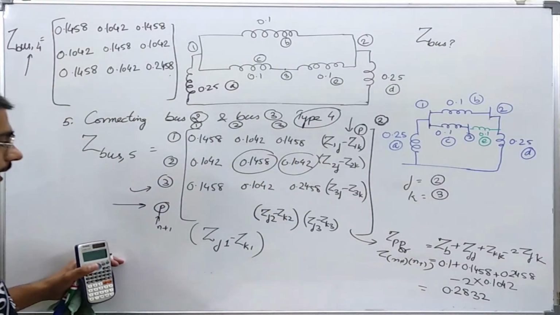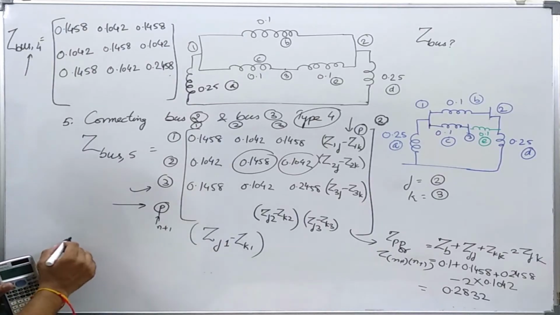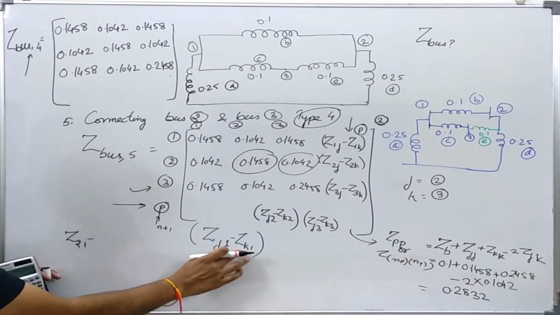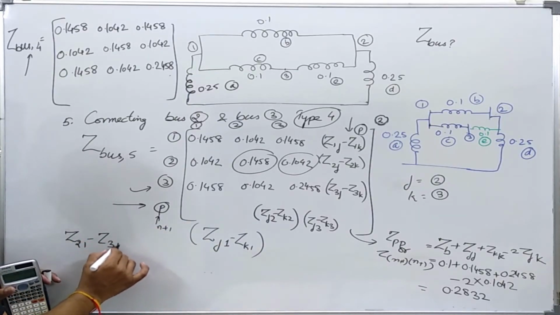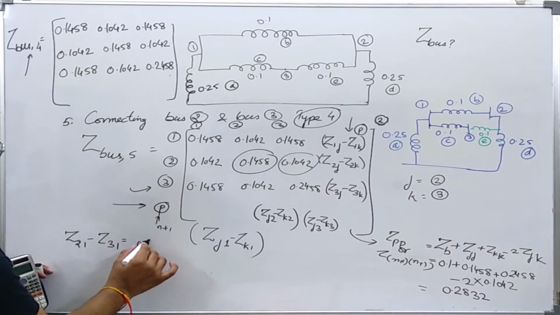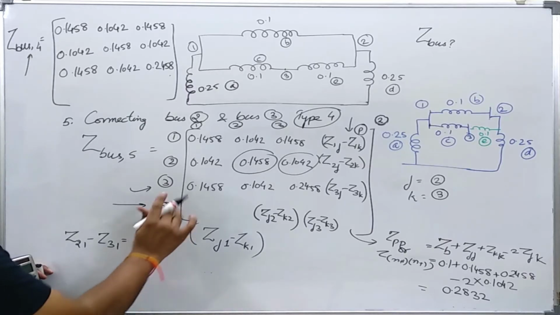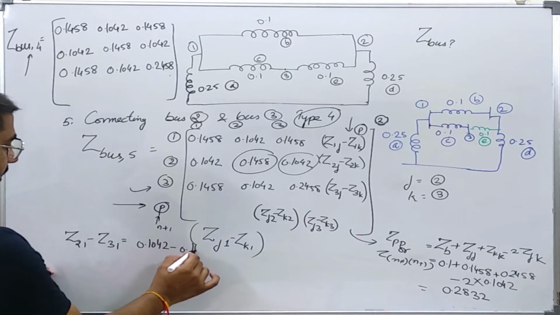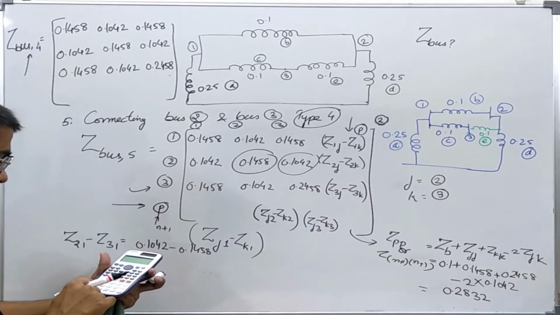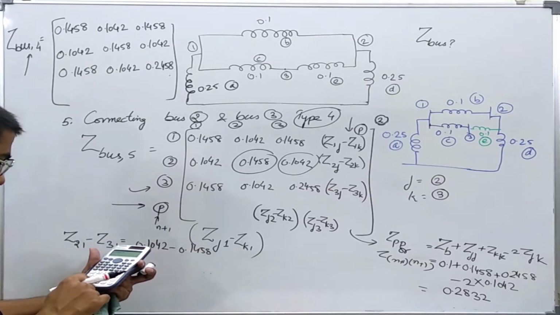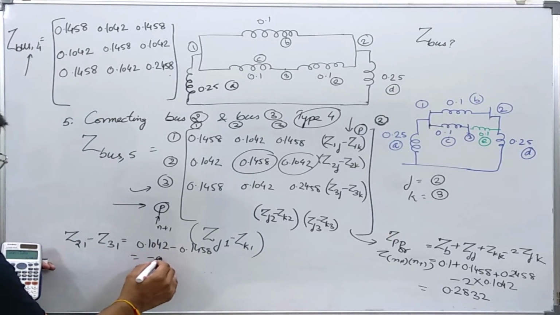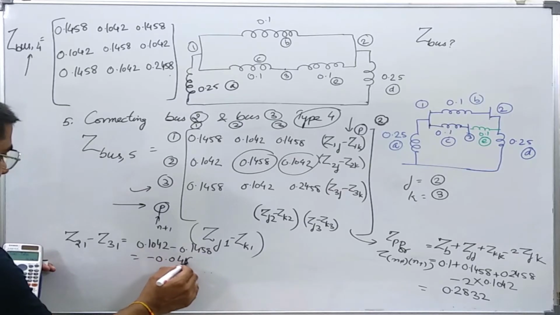0.2832. Okay. Similarly, ZJ1 is nothing but Z21 minus ZK1, which is Z31. Z21 is 0.1042 and Z31 is 0.1458. It comes out to be 0.1042 minus 0.1458, which is minus 0.0416.